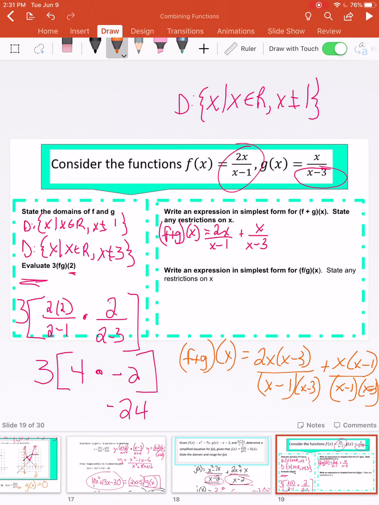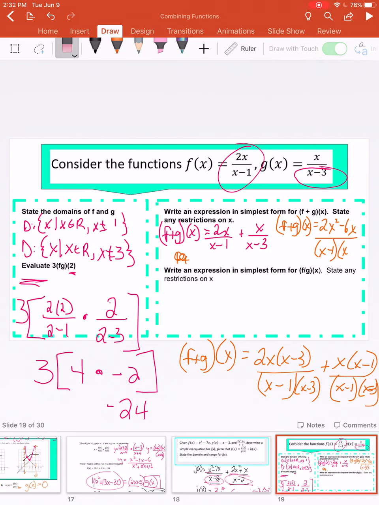Okay, so then after I do that, I end up with, I'm going to run out of room here, 2x squared minus 6x all over, and I'm just going to leave that denominator in factored form, plus x squared minus 1x all over that common denominator.